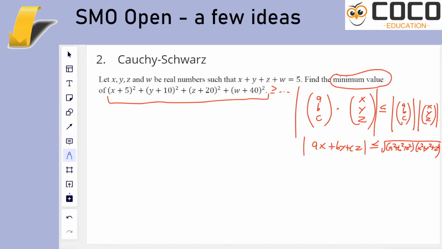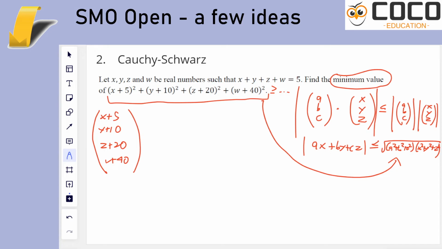So if you know that it's greater than or equal to, it means that it belongs on the magnitude side, which makes sense. And so what you can do is to ask yourself, what magnitude does this look like? Well, there are 4 variables, so we can just make a 4-dimensional vector with these 4 things inside.